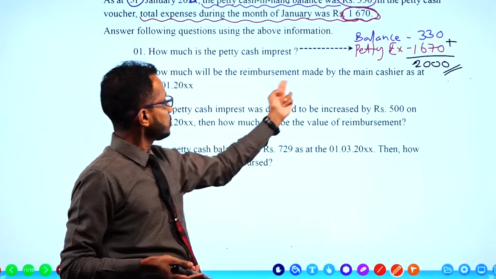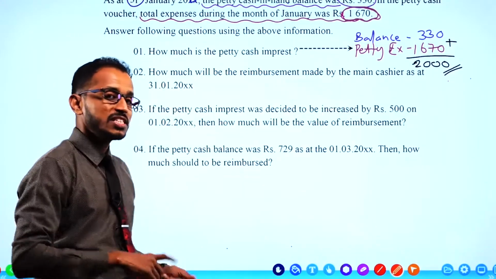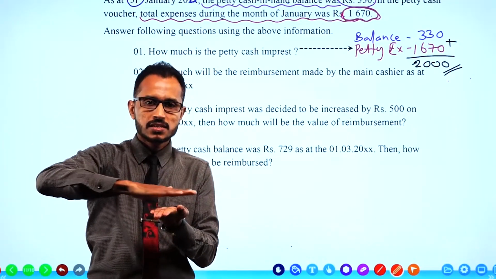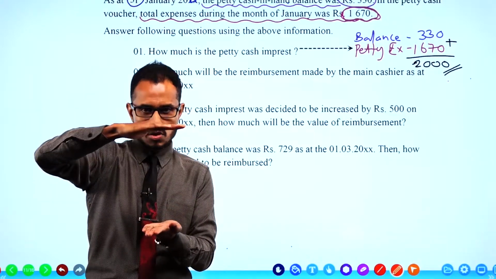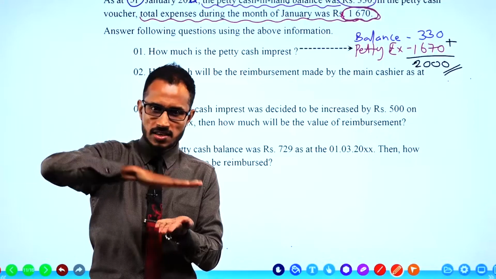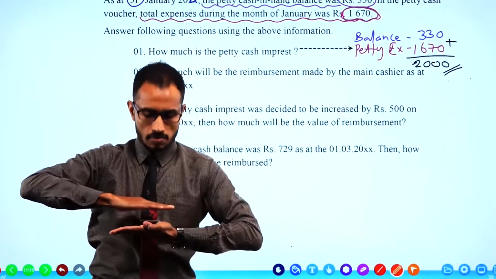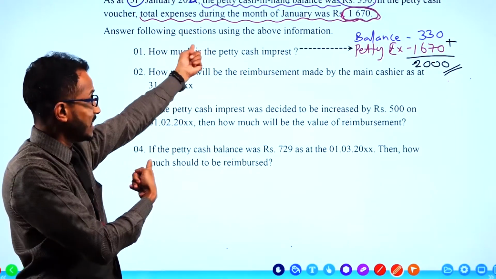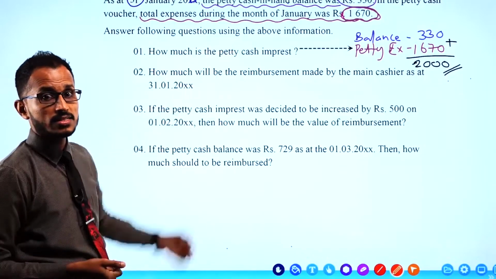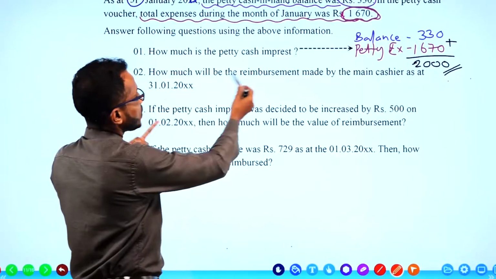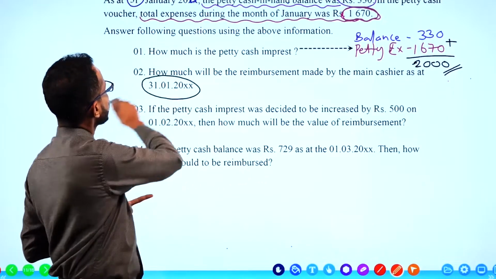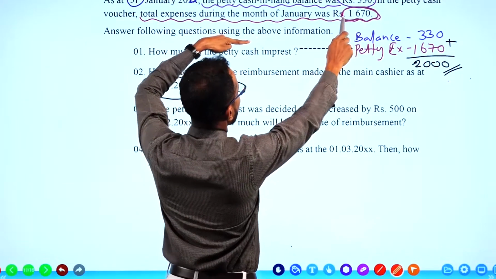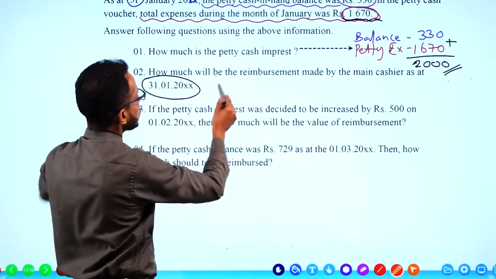How much is the amount needed to refill the imprest? The amount which was spent. That is the reimbursement. So, how much will be the reimbursement made by the main cashier as at 31st January? $1,670.